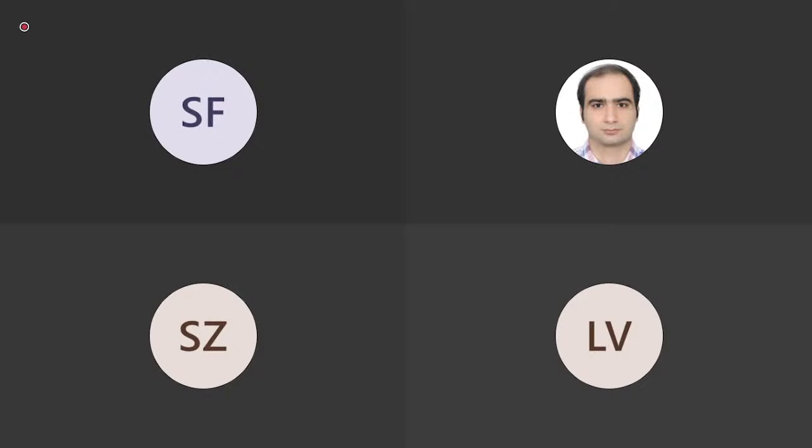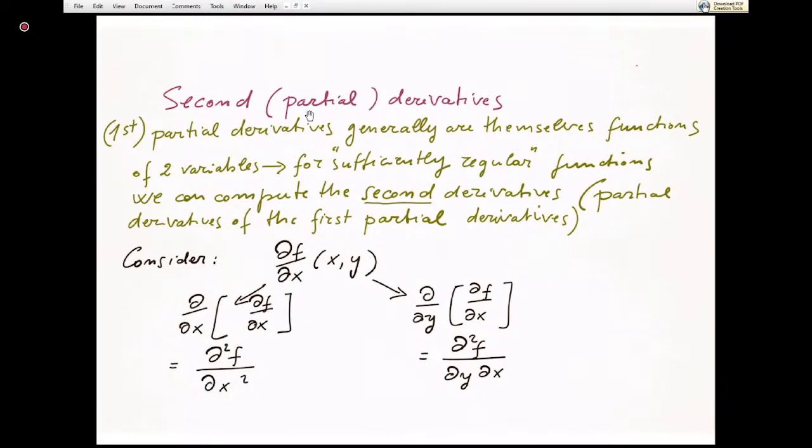So this is part of the slides, I guess, last week's slides, and we didn't introduce second partial derivatives. We do that now.